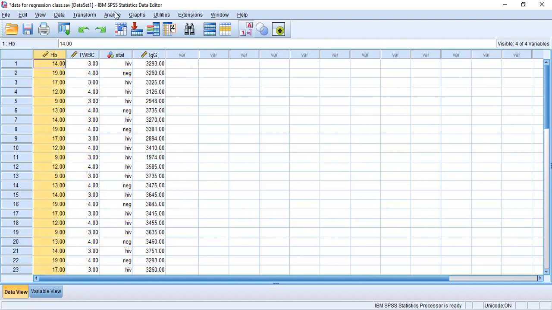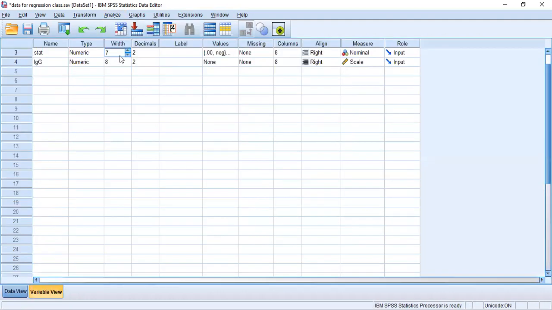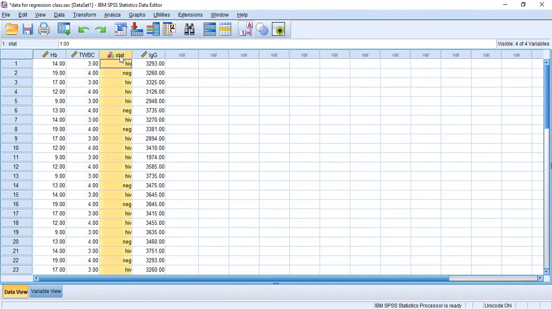So you go to analyze. So now look, your HIV status becomes the dependent variable because it is the outcome. HB becomes what? The independent variable.